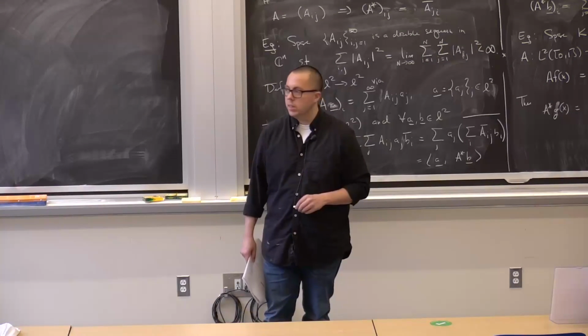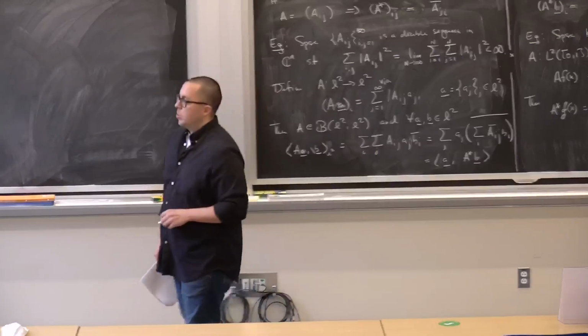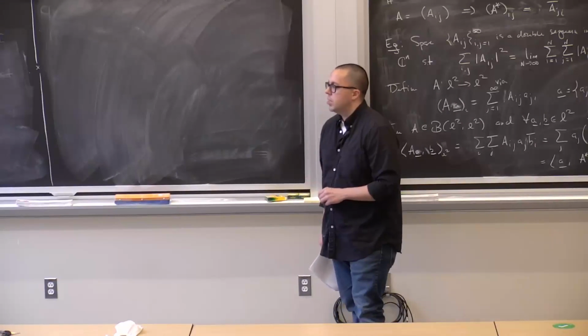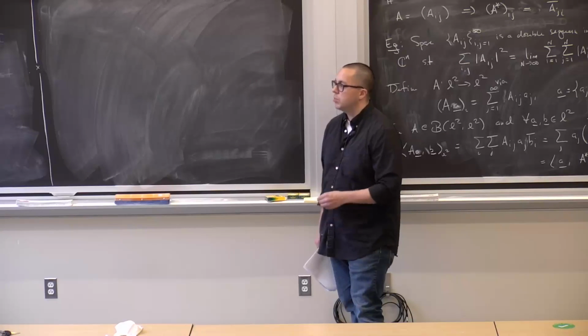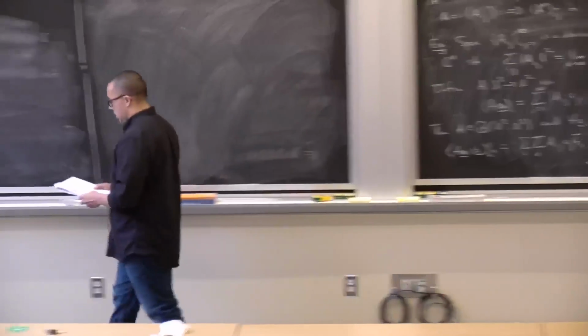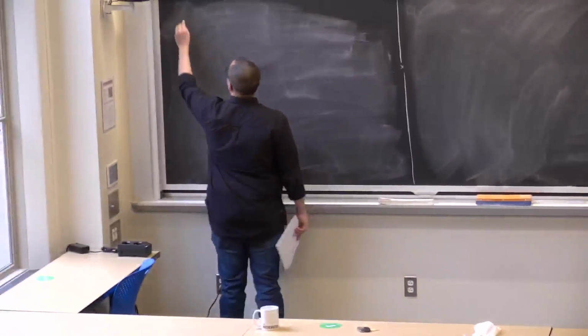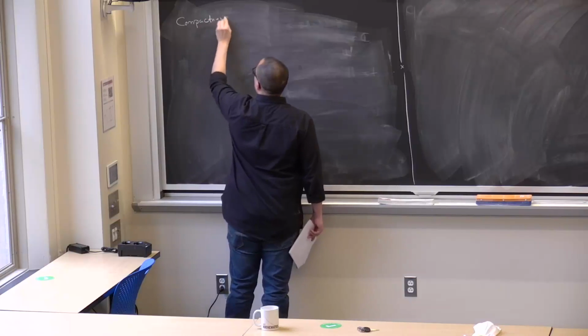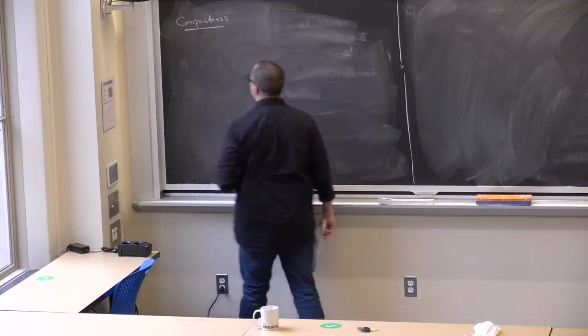Okay? Okay, so with that rambling build-up, hopefully I convinced you that we should study a little bit about what it means for sets to be compact in a Hilbert space. So let's look at compactness in a Hilbert space.